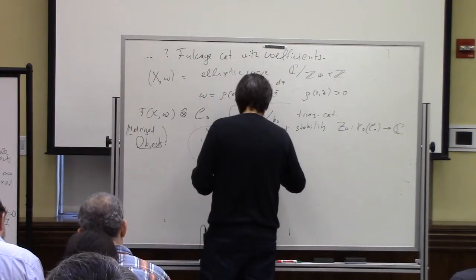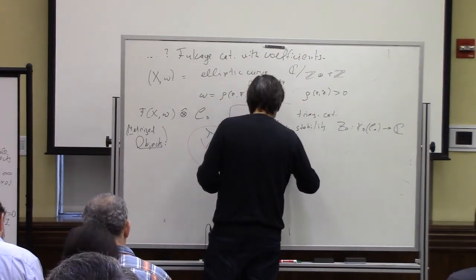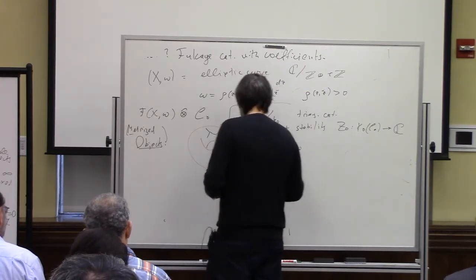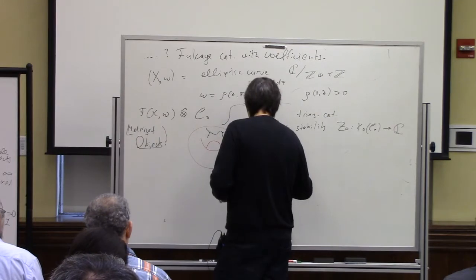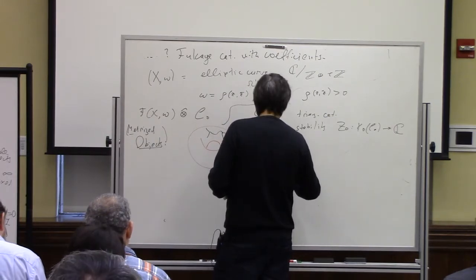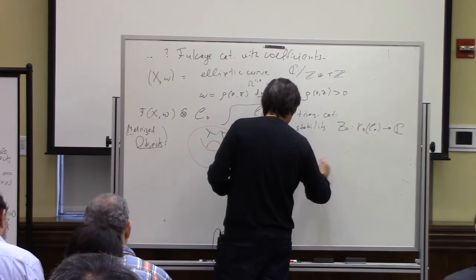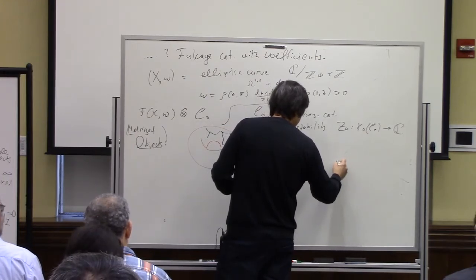Some graph G on a torus. Then you also choose an argument of this form omega 1 restricted to the edges of G, maybe an R-valued function.